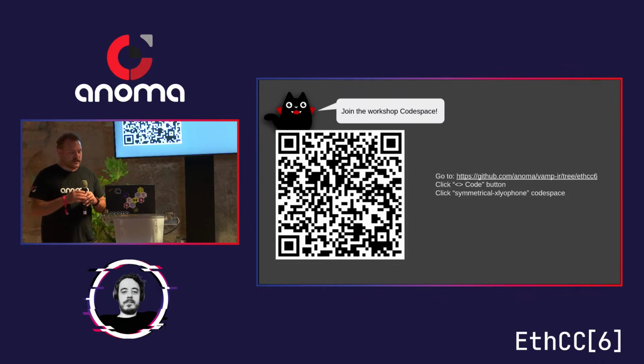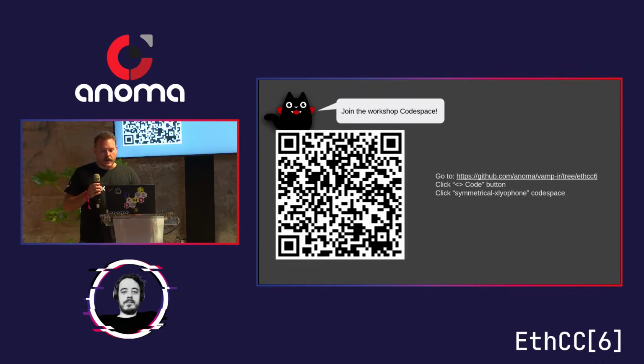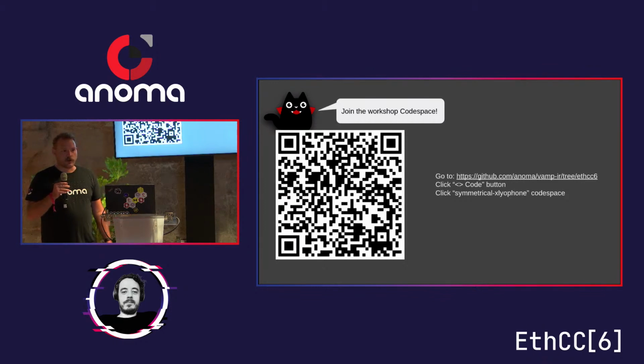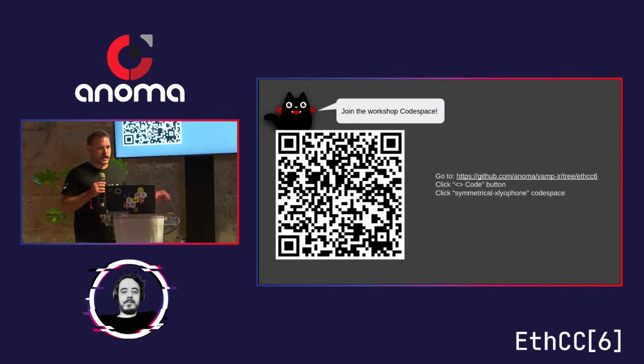There's a branch called EthCC6. Click on the code button, and it should show you a code space called symmetrical xylophone, which you can use to code along. You'll have the same version of VampIR that I have, and it even has some syntax highlighting as well. Okay? So I'm going to leave this up a little bit while I give an introduction to VampIR, just to give people a chance to use it if you want to.